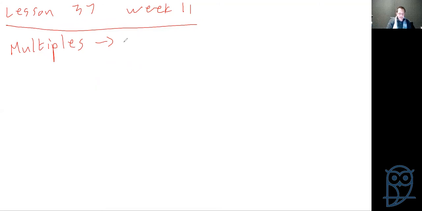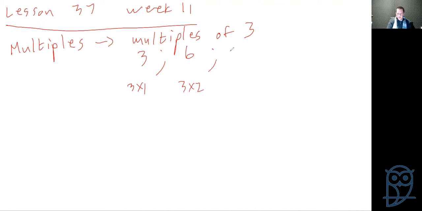In the sense that if I look at the multiples of 3, the first multiple of 3 is 3 because it's 3 times 1. Next multiple of 3 is 6 because it's 3 times 2. Next multiple is 9 because it's 3 times 3. Then it will be 3 times 4, 3 times 5, etc., etc., etc.